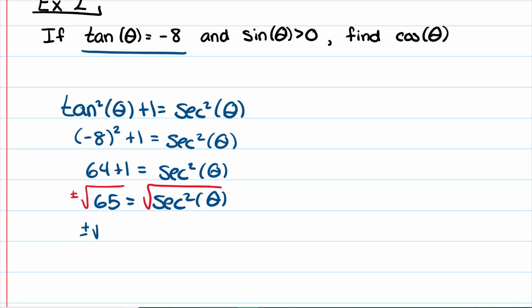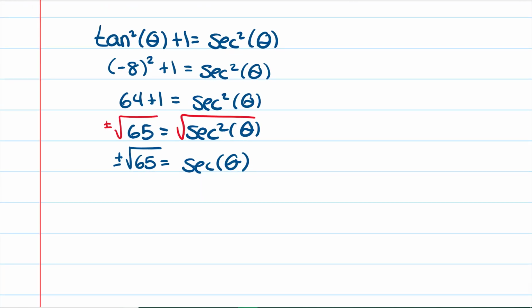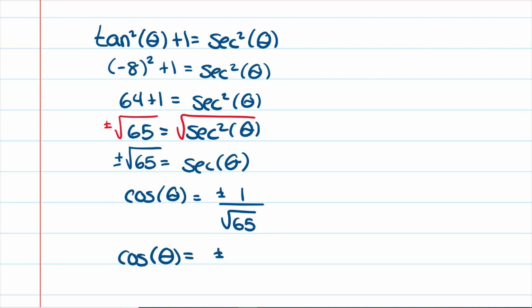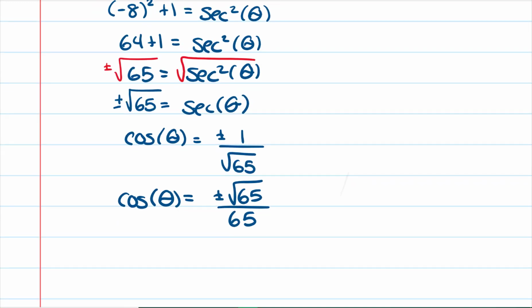So you get plus or minus the square root of 65 is secant of theta. But I want cosine, not secant, so I just take the reciprocal. So cosine of theta is equal to plus or minus 1 over the square root of 65. And then we have to make sure we rationalize that. So you get plus or minus the square root of 65 over 65.